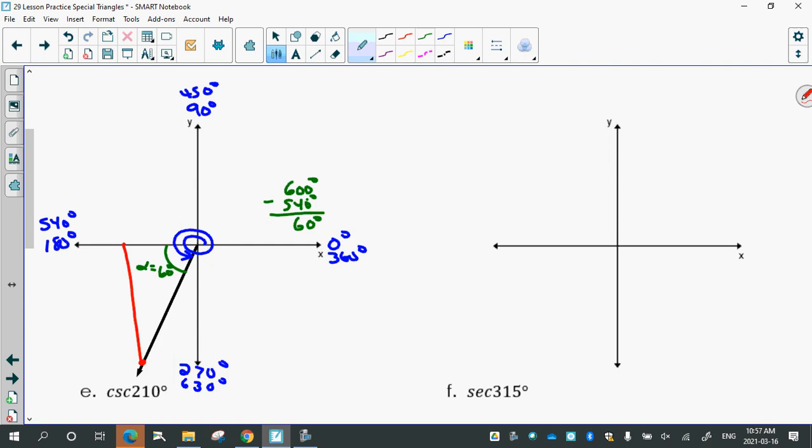So see if you can label x, y, and r with the proper values and the proper sign.